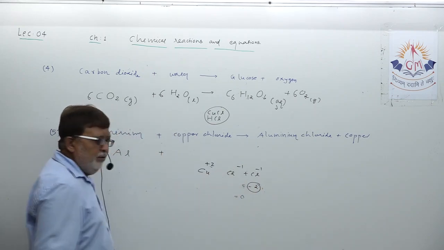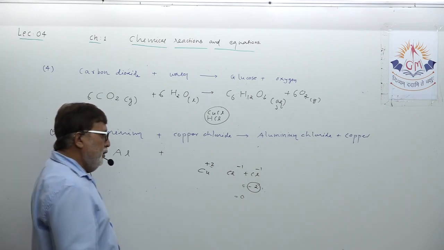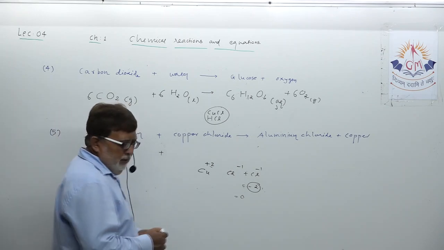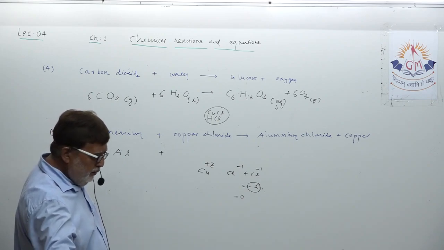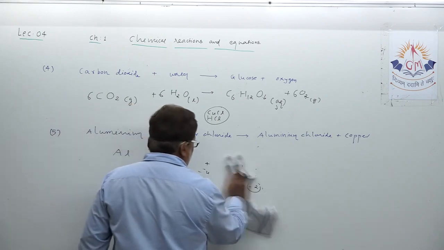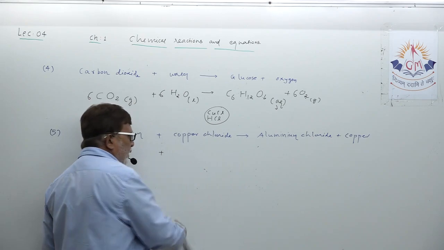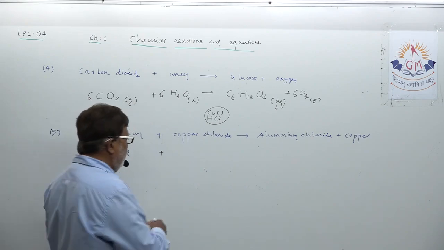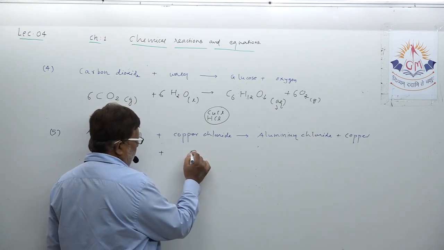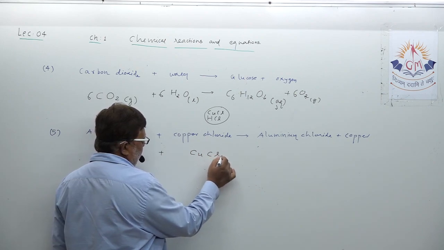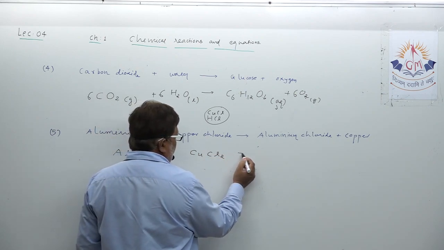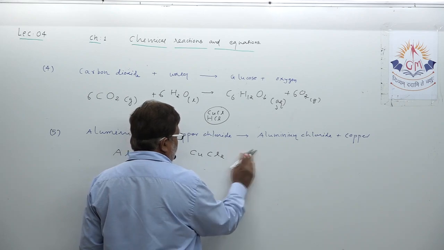Answer 0, neutral. You understood this? That's why you will write the formula of copper chloride as CuCl2. I think you must have got the idea for the correct formation of the formula.